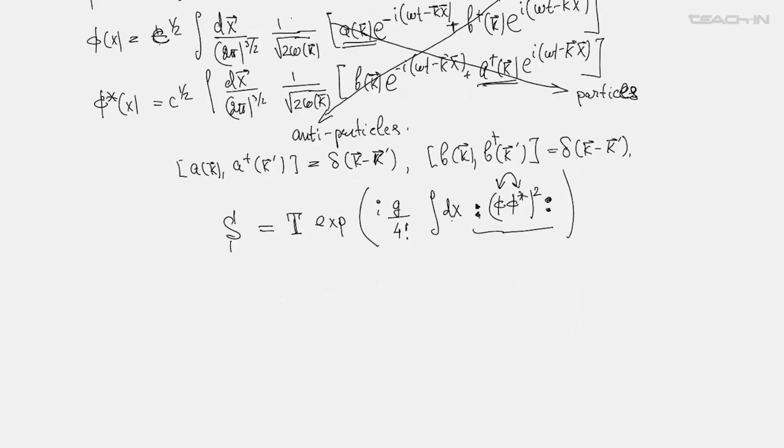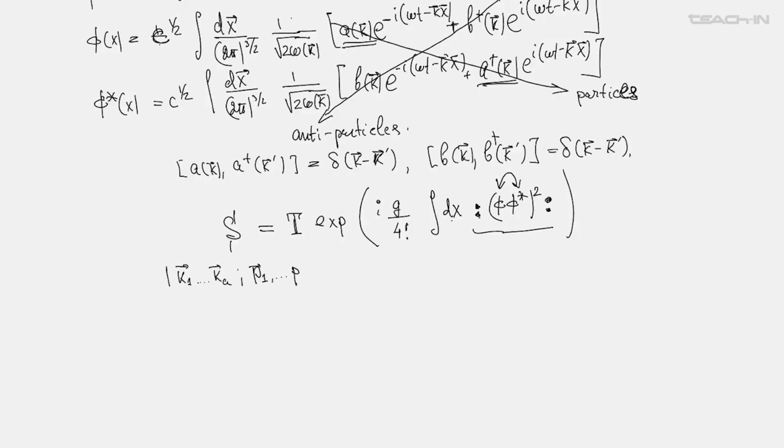Then you may pick up external states. Since you want to compute the matrix elements of the S matrix, you need to sandwich this operator S between states. So you pick up asymptotic states, which are characterized by the presence of several particles whose momenta I denote as K1 and so on up to K_A, and antiparticles whose momenta I denote as P1 and so on up to P_B.